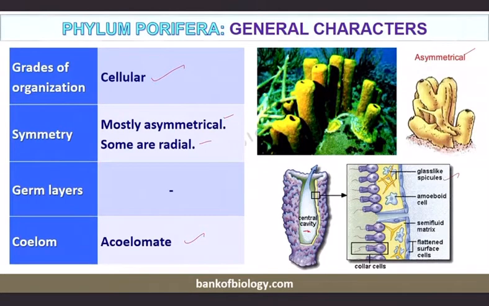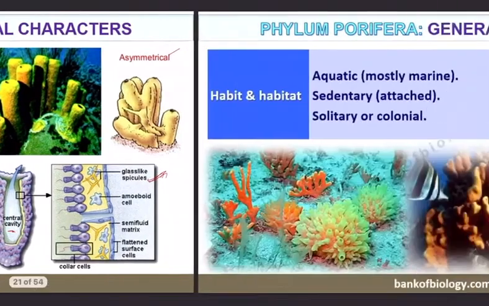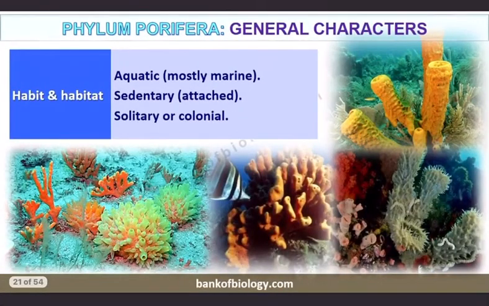So we say acoelomate. Here we are giving the example of Cycon, asymmetrical, and when we cut it open, we can see the presence of a central cavity, and inside the body there will be spicules. This is the unique feature of the members of PORIFERA.